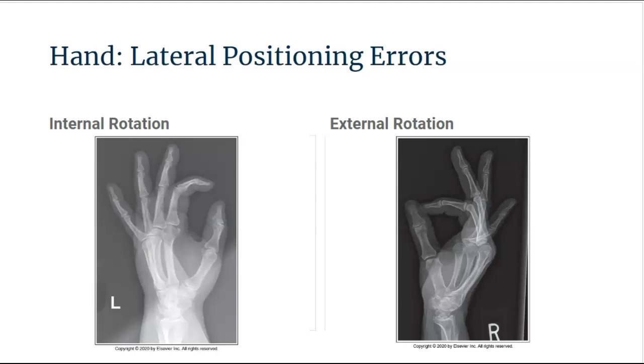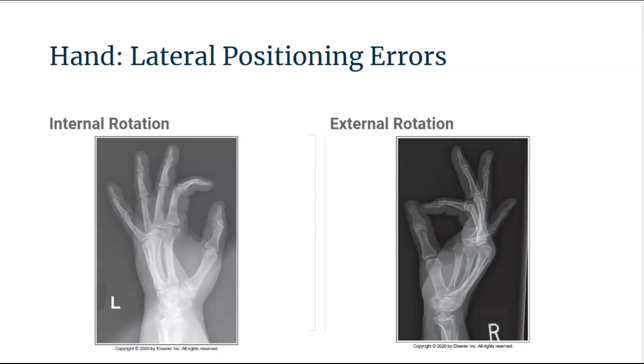In internal rotation, you will see that the 5th digit is posterior and its metacarpal is posterior to the rest of the metacarpals. Also, you can see the first digit and its metacarpal is anterior.